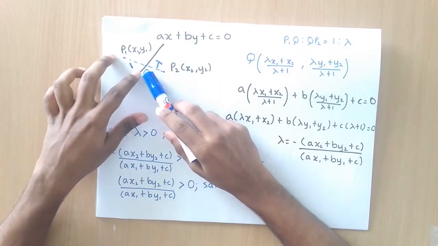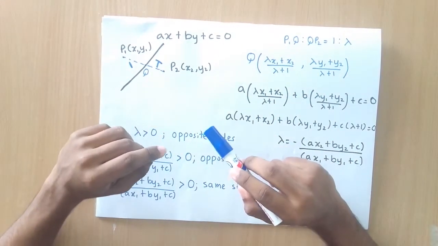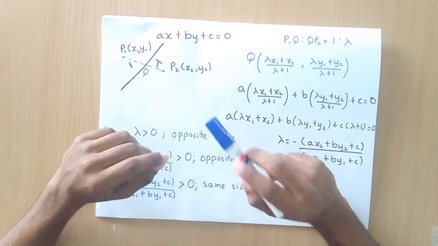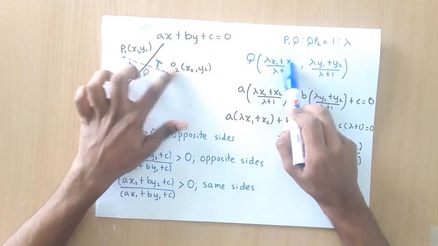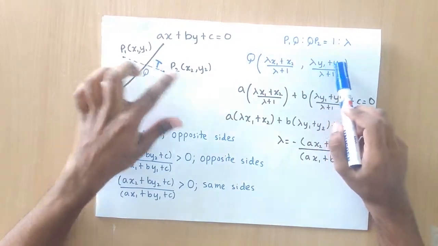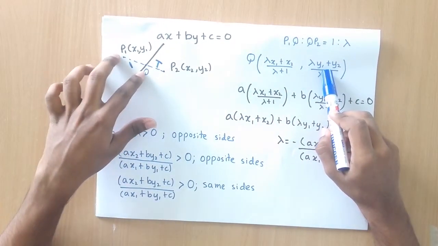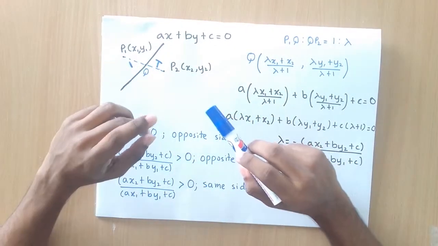Here we can write the coordinates of Q using the ratio theorem we learnt in one of our earlier videos. That will be (lambda x1 + x2)/(lambda + 1) and (lambda y1 + y2)/(lambda + 1). Q satisfies this straight line because it lies on it.